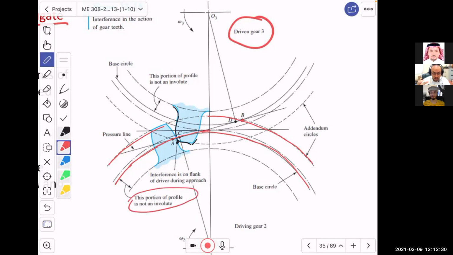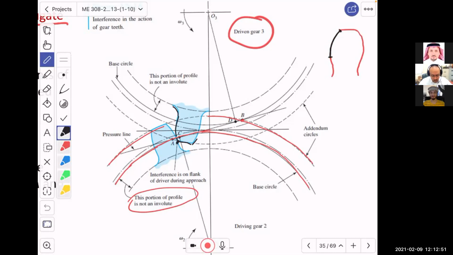You know that, ya shabab, it is not necessary for the entire tooth to have an involute profile. Maybe only this portion of it is. The remaining portion is not involute.